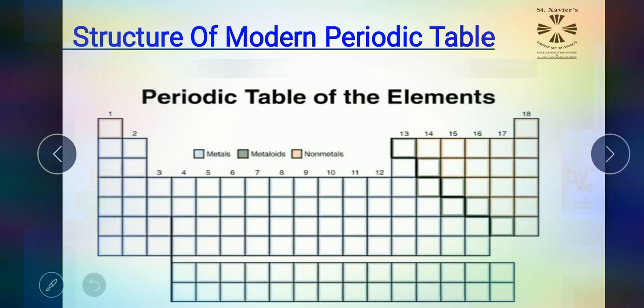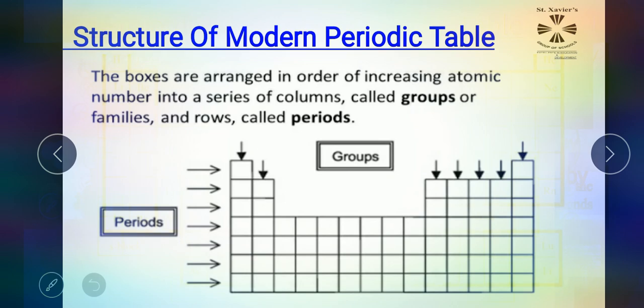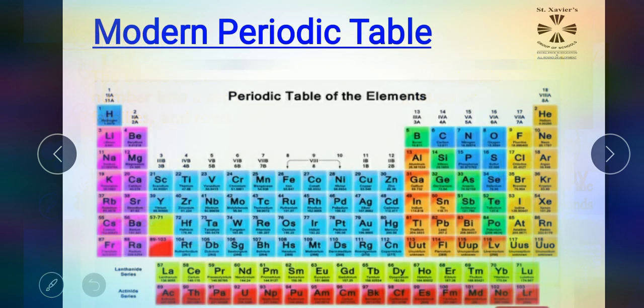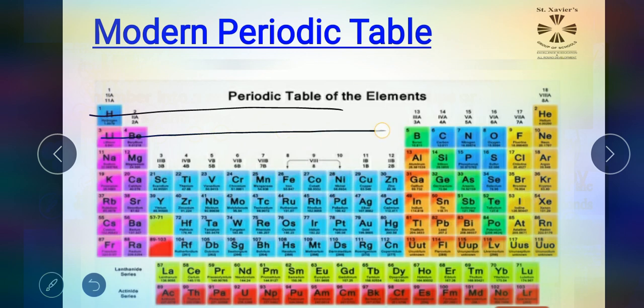I'll tell you a few more things about the modern periodic table, and then we'll continue with the chapter. Till now you have studied that in the modern periodic table, the horizontal rows are called periods. There are a total of 7 periods: 1, 2, 3, 4, 5, 6, 7.